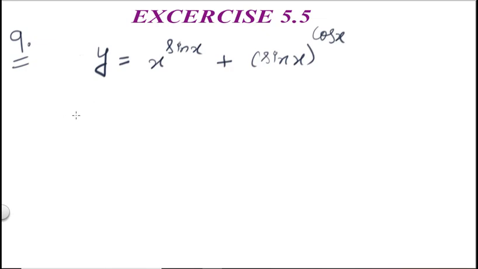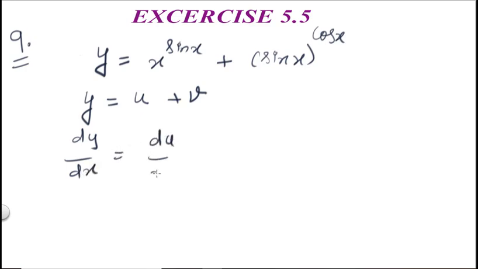Now again, as you know that log of a plus b is not any property for log. So we'll just separate them first. We'll consider this as u and this as v. Clear? Then you will do differentiation both the side with respect to x. You get du by dx plus dv by dx, as we have done in question number 7 in the previous question itself.